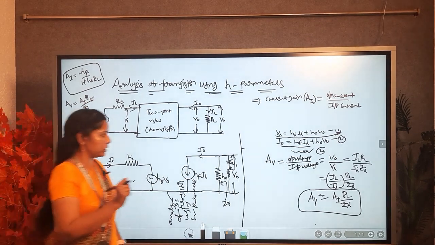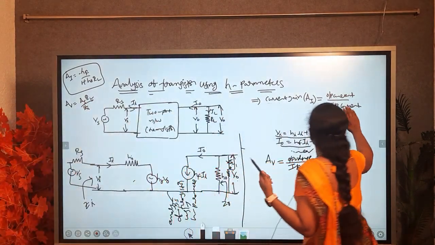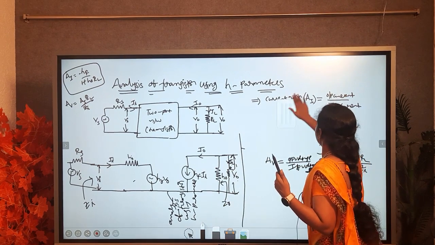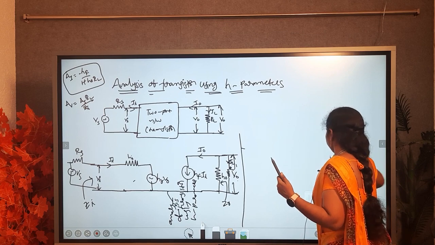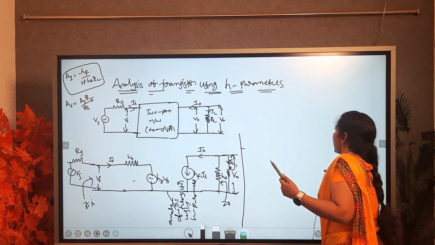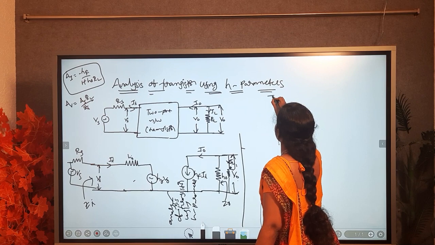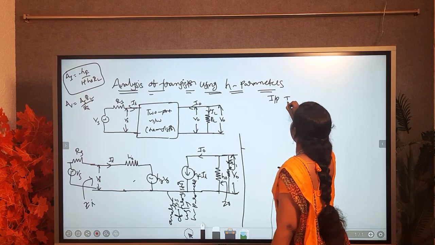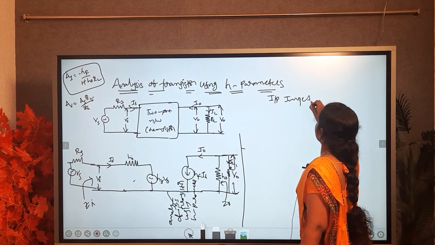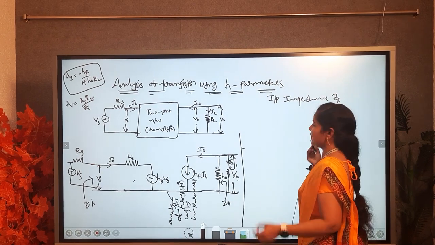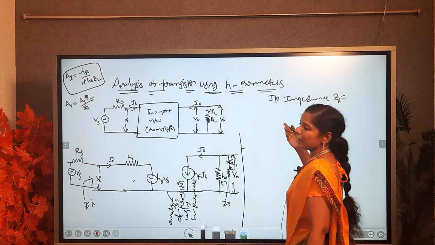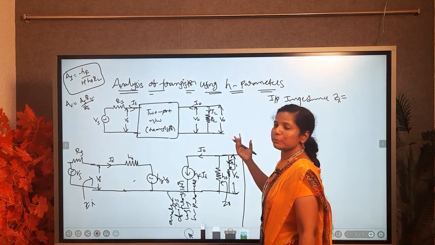Anything you can write. Next, what you have to find next? Input impedance, that is nothing but ZI. Third one is input impedance. Input impedance is denoted by Z suffix I or R suffix I. Impedance or resistance is nothing but voltage by current.